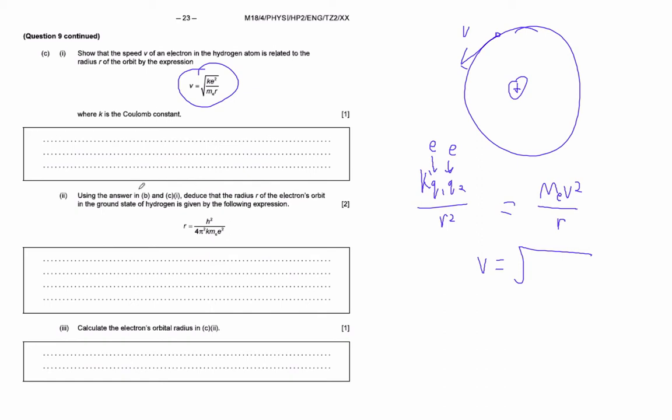Use the answer in B and C(i) to deduce the radius of the electron's orbit. Well, one of them is that mvr is equal to n h over 2 pi. They're saying the ground state, so that's 1.